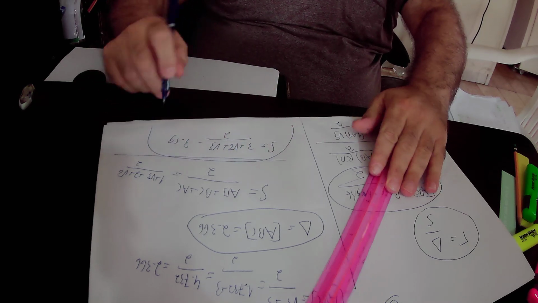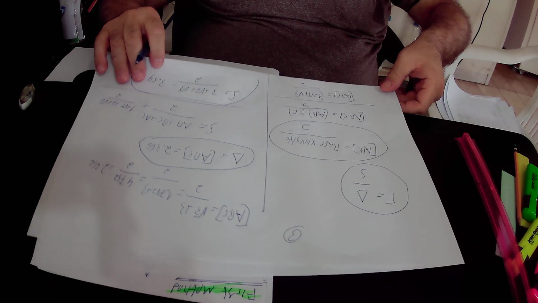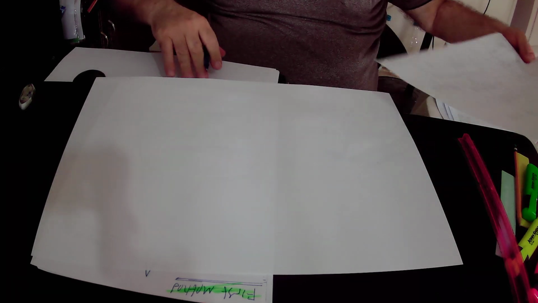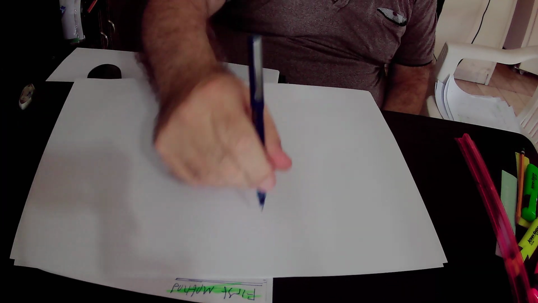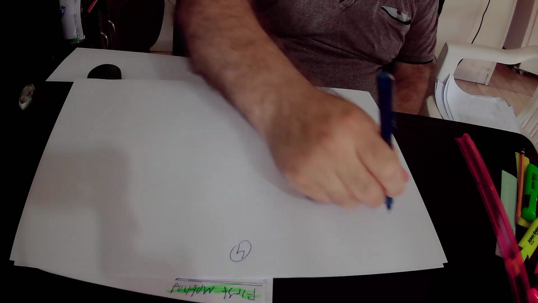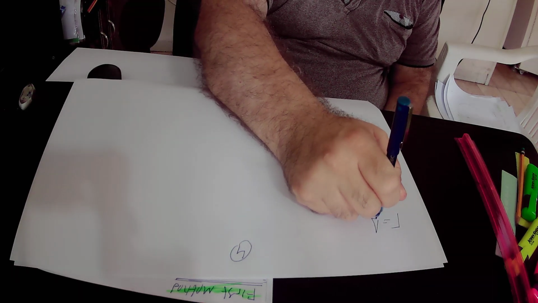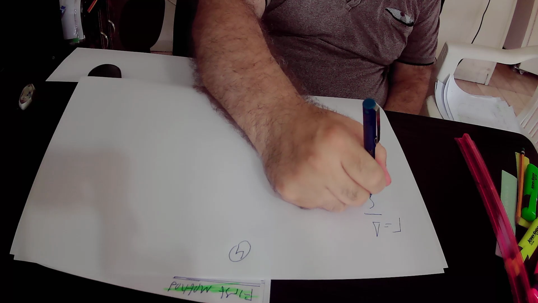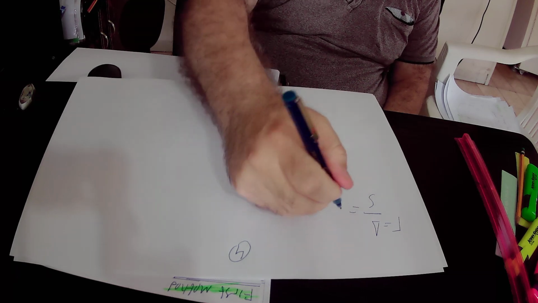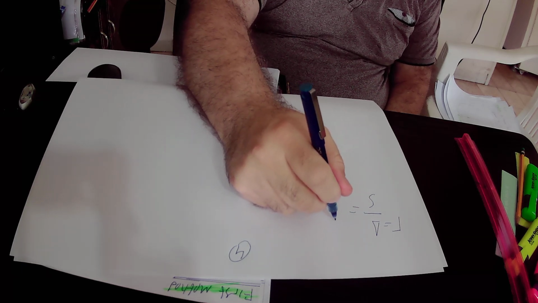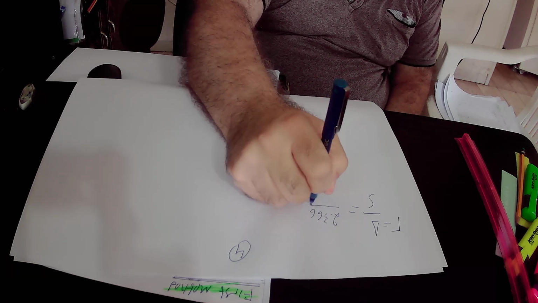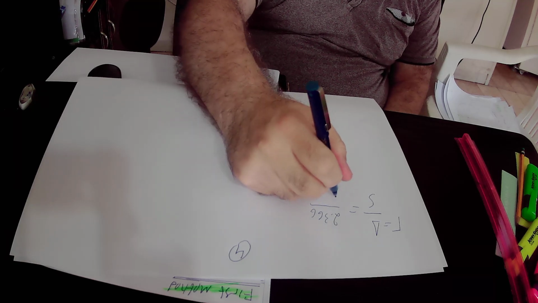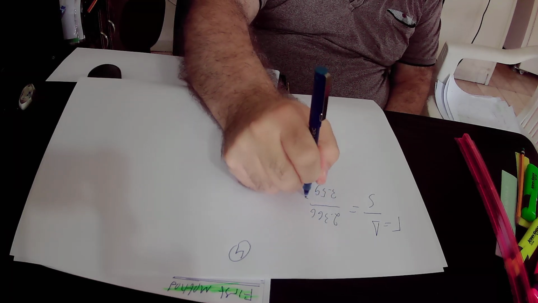So the radius of the circle, according to the new formula that I presented to you, will be equal to the area of triangle ABC over the semi-perimeter of triangle ABC. The area is 2.366 square units, and the semi-perimeter is 3.59 units.